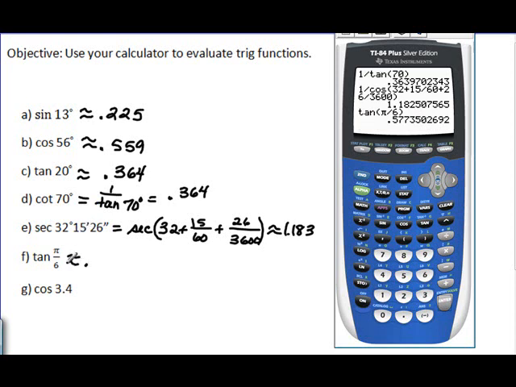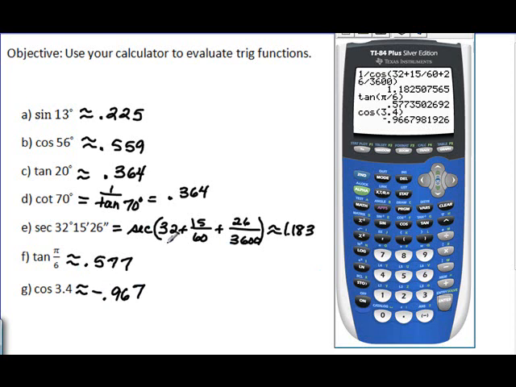So that is 0.577. And now the cosine of 3.4 is going to be a negative 0.967.